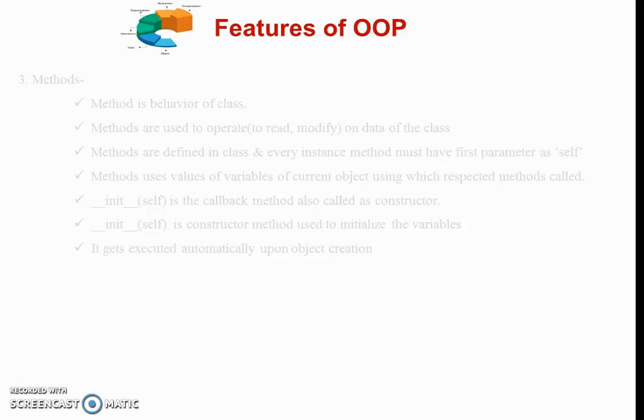This is the first argument that is added to the beginning of the parameter list. Moreover, you do not pass a value for this parameter when you call the method. Python provides its value automatically. The self argument refers to the object itself, that is, the object that has called the method.